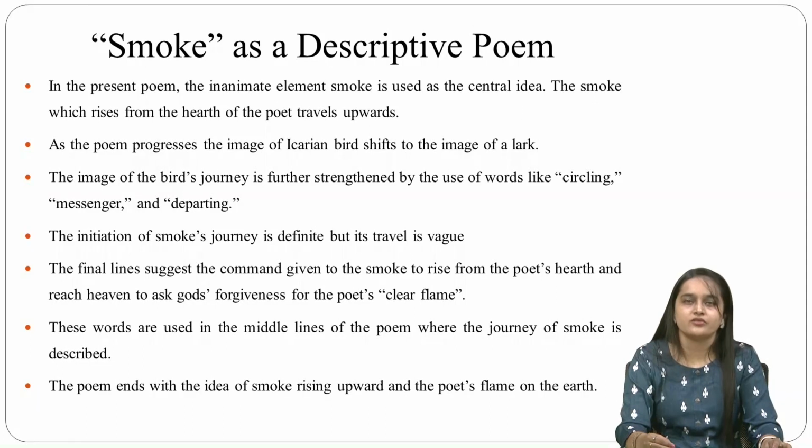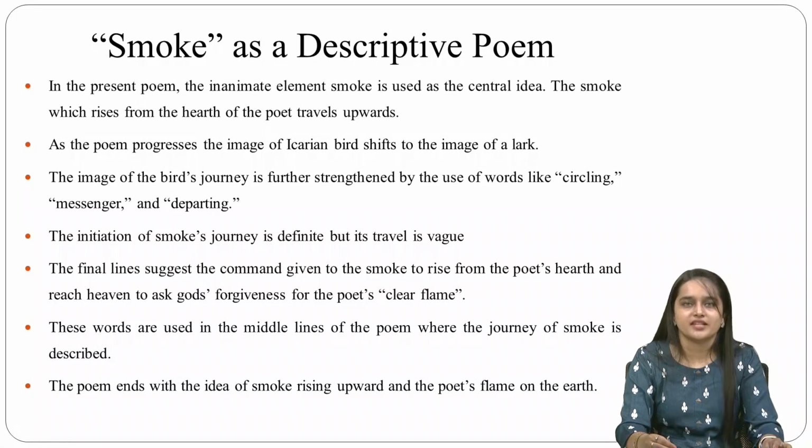Another tool used for reinforcing the image of smoke is the creation of verticality. The lines of the poem suggest a vertical movement. They successfully create a picture of smoke in different images, rising upwards.